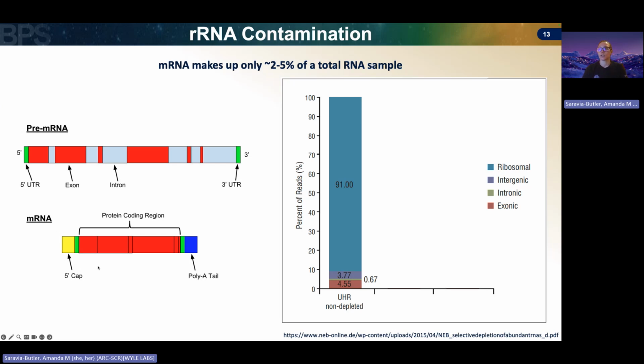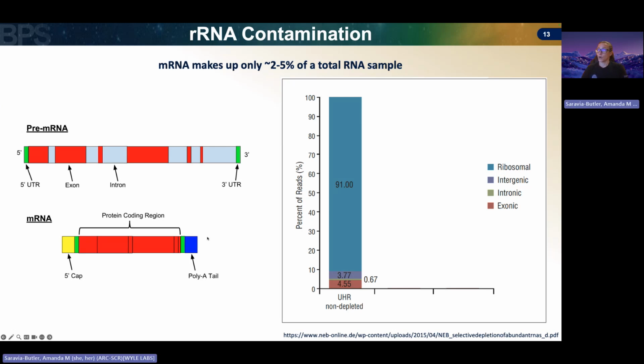Because single-stranded RNA is very unstable, in order to help stabilize it at least long enough for it to get translated into protein, a 5' cap is added onto the 5' end to protect the 5' end from degradation. And at the 3' end, a poly-A tail, which is just a string of adenosines, is added on to protect that 3' end from degradation.